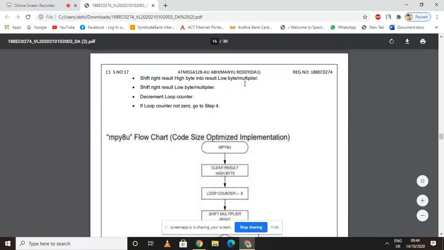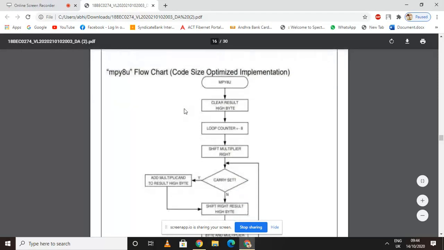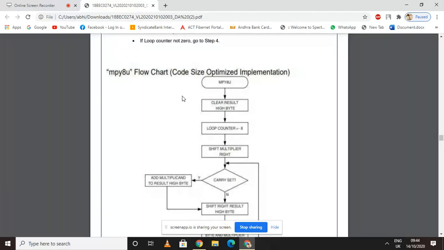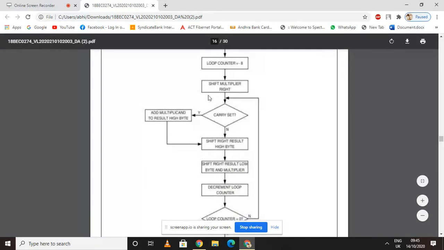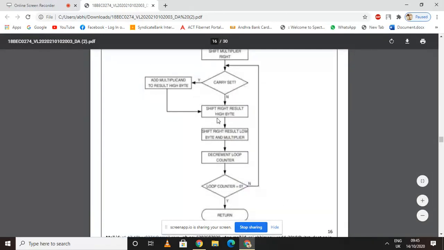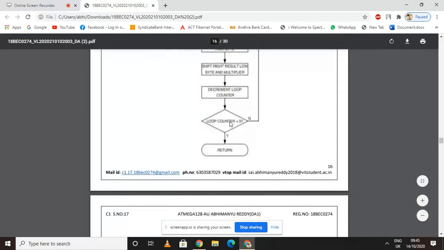Shift result high byte into result low byte and multiplier, decrement loop counter. If the loop counter is not 0, go back to step 4. This is the flowchart implementation of that algorithm: clear result high byte, loop counter, shift multiplier right, carry set, shift right result high byte, and so on.